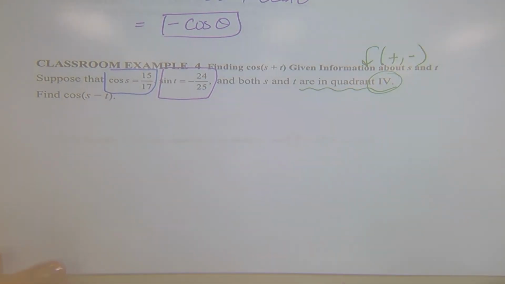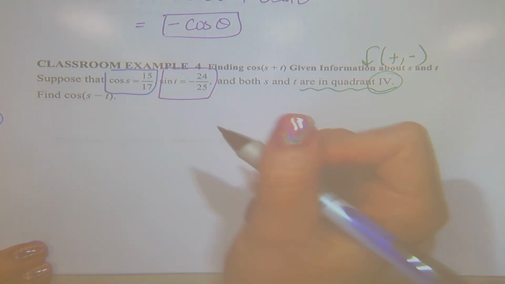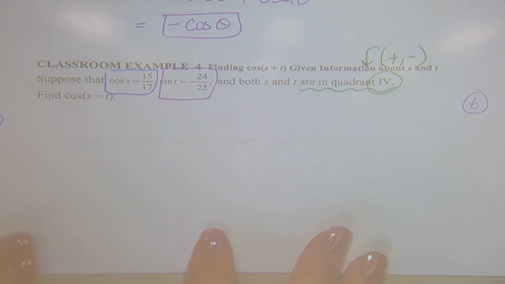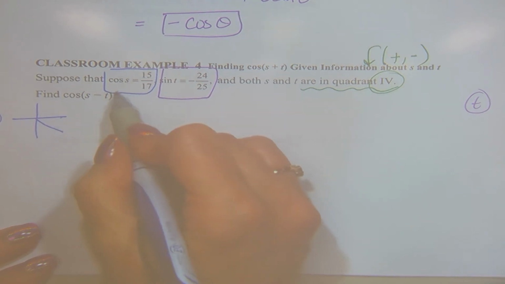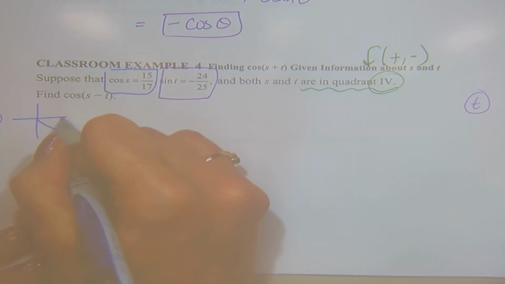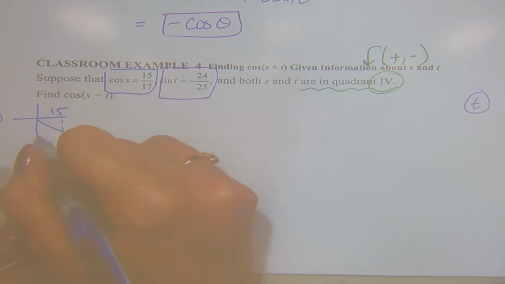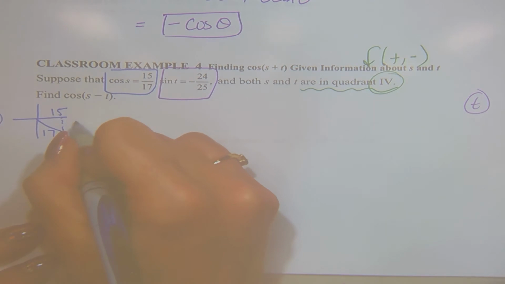So let's fill out what we know about angle S, and then we're going to do what we know and what we need to know about angle T. Angle S, I'm going to sketch angle S into quadrant 4. I know that cosine is 15/17. So cosine, my x coordinate is 15, my r is 17, and I need y.